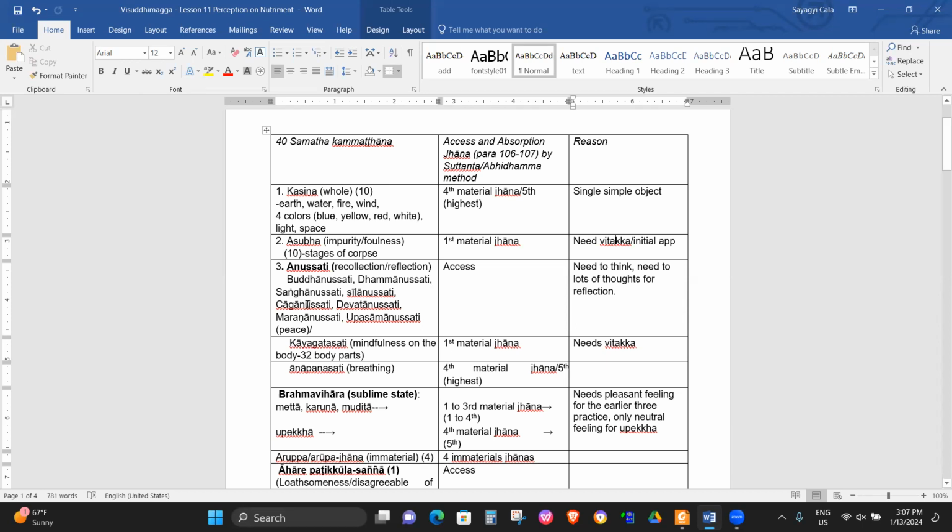Chaga is donation. Deva is on the good qualities of Deva, or why you have the same qualities as Deva. Sati is contemplation on that. Upasama is peace, all right? This one, because it needs lots of thought, you can only get access concentration, which means before entering jhana.